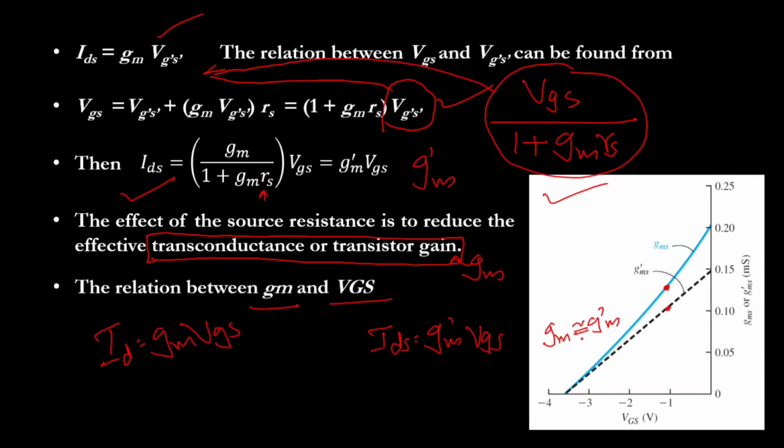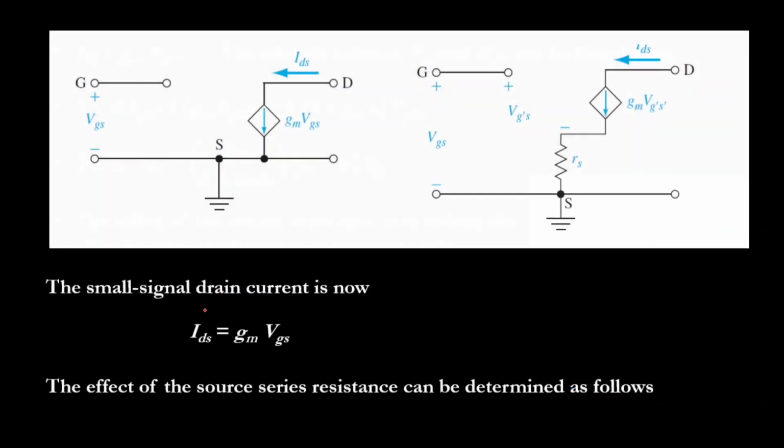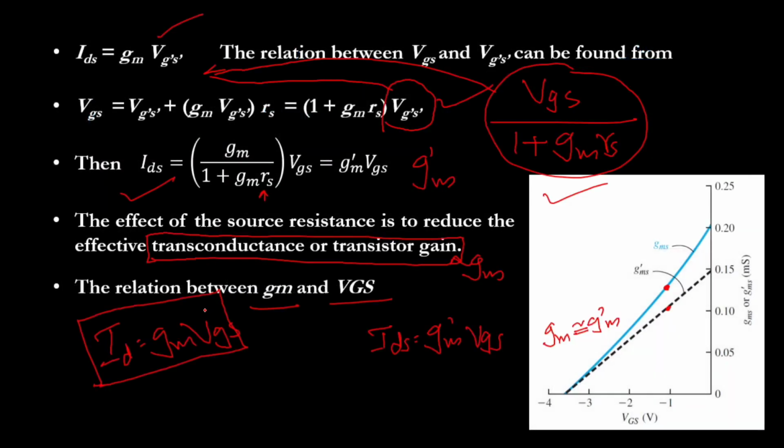So in general expression, we take the drain current equal to gm VGS. Okay. So I think it's clear with the small signal model and the parameters and about the drain current expression.